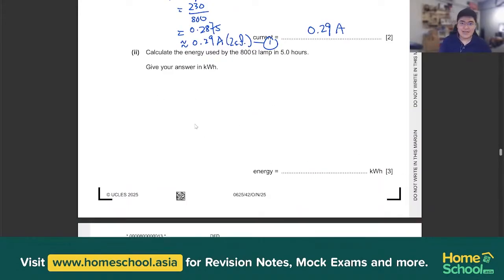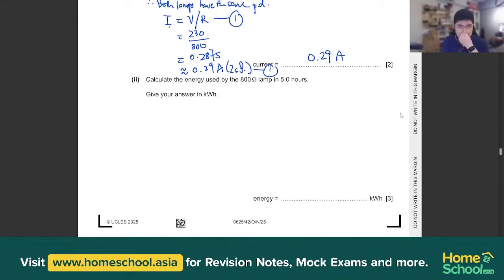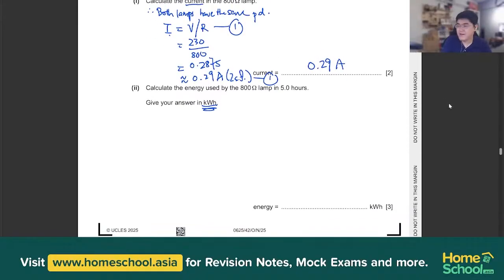Now, let's calculate the energy used by the 800 ohm lamp in 5 hours. And we have to give our answer in kilowatt hours. So, first things first, we need to find the power output of this lamp. Power is equal to voltage times the current, which we already found just now, 0.29, right?